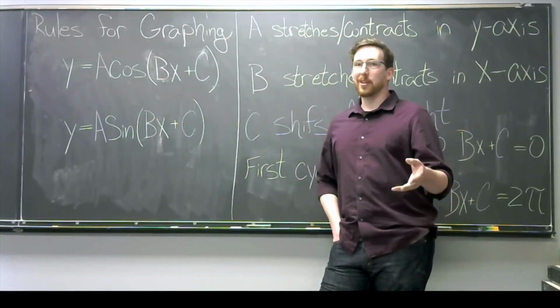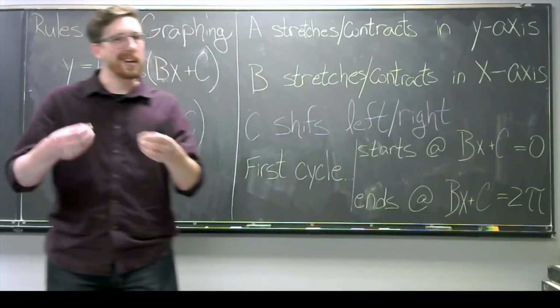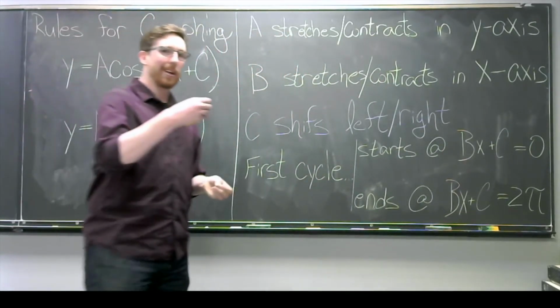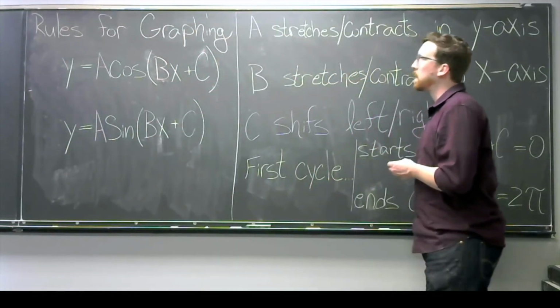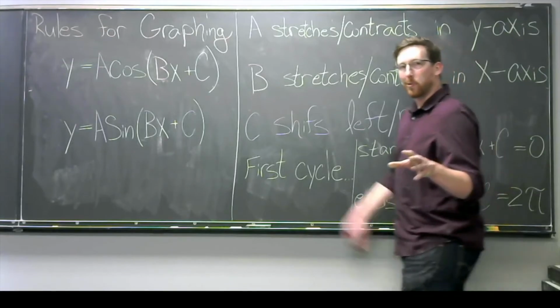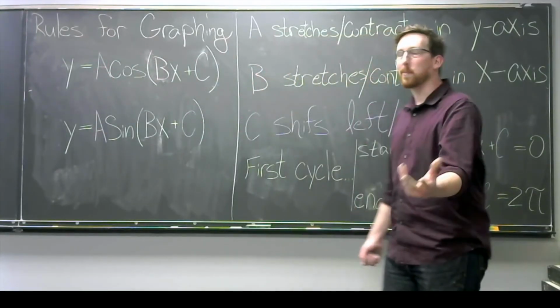All right. So let's wrap this all up into a nice little neat package, right? A set of rules that we can follow and reliably get results from. Rules for graphing. That's what we want, right?